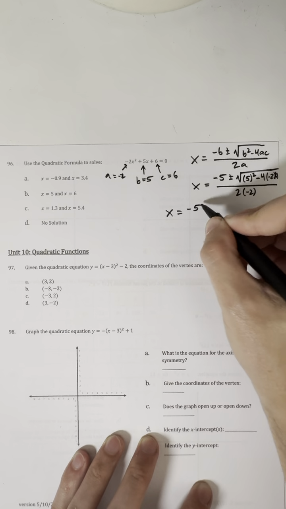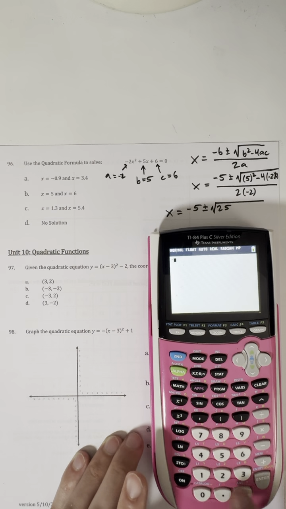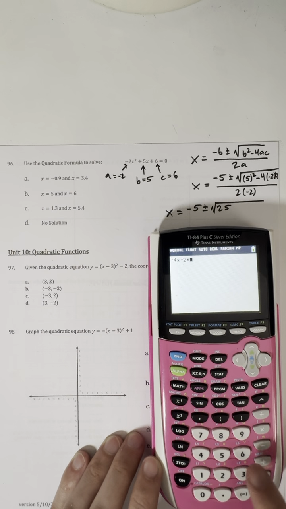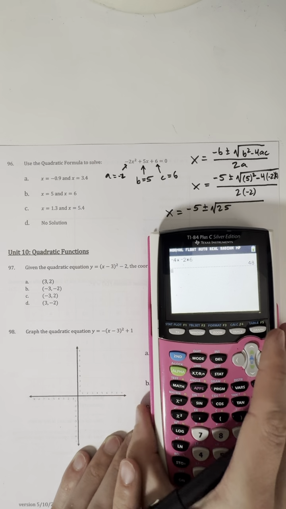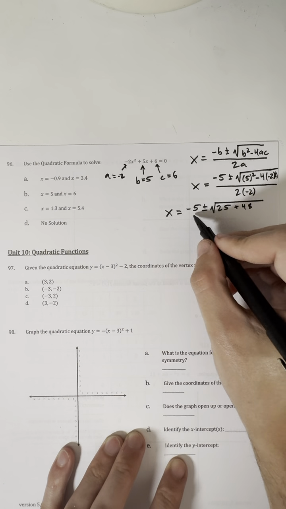-5 stays the same, plus or minus square root of 5 squared is 25. -4 times -2 times 6. Let's see, -4 times -2 times 6 is positive 48. So plus 48.